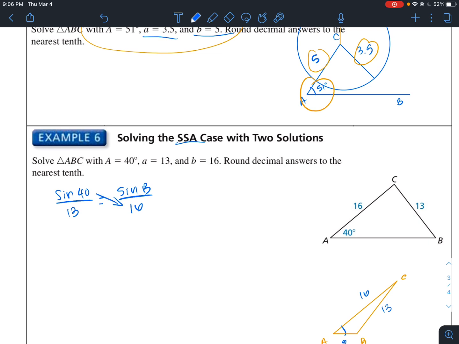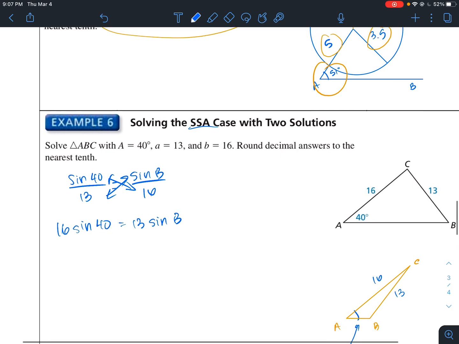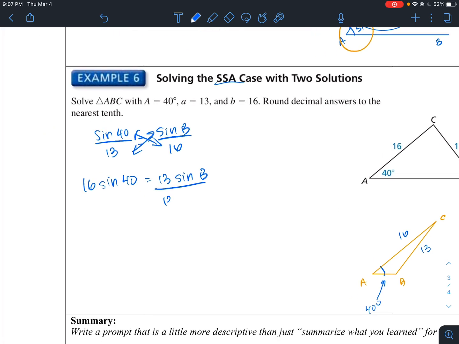So if you cross multiply, you get 16 sine of 40 is equal to 13 sine of B. So we can divide by 13.